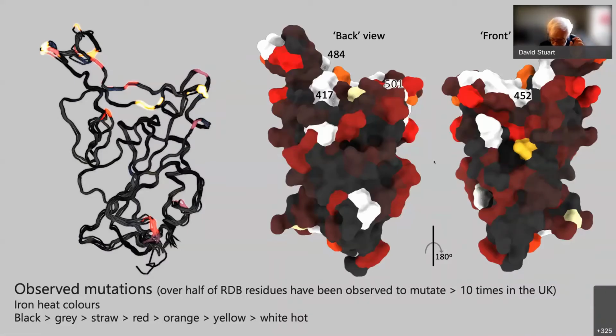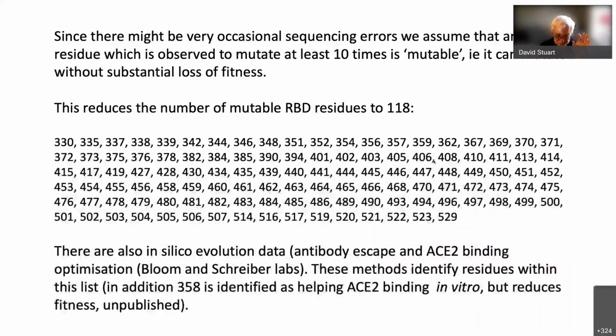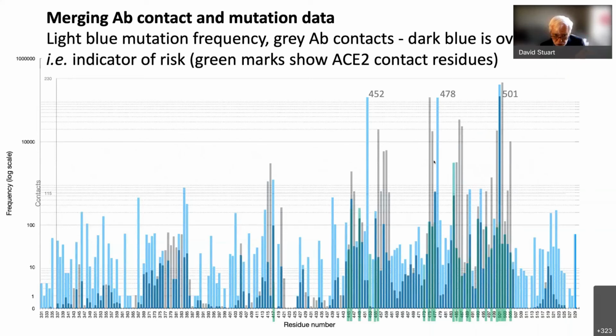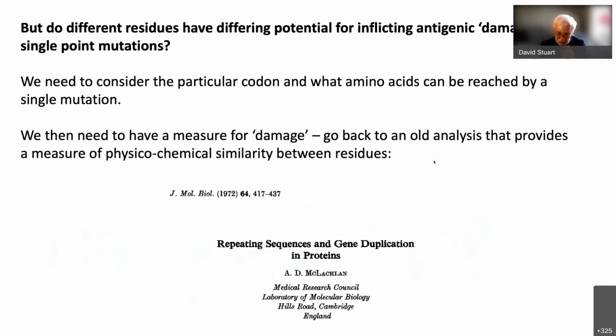But the net result of this is that if you merge the contact data with the mutant data and say that the number of times an antibody contacts a residue is likely to be a measure of the antigenic importance of that residue, then by putting these two data sets together, you can see those residues that can mutate and those residues that can potentially have a large effect on the antigenicity.